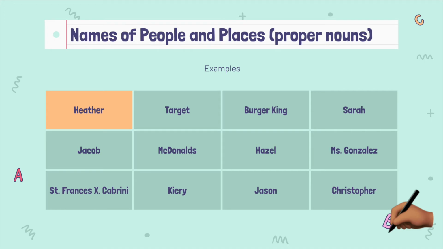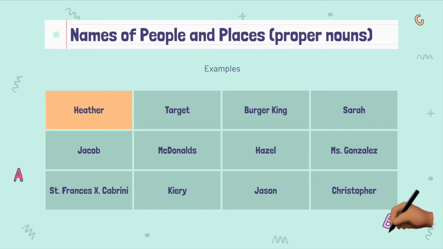But places need to be capitalized too, such as Target, Burger King, McDonald's, St. Francis Cabrini. Take a look at St. Francis Cabrini. We have the S capitalized because it represents saint. We have Francis because it's the name, with the F. We have X capitalized because it's a middle name. And we also have C capitalized because it's a last name.